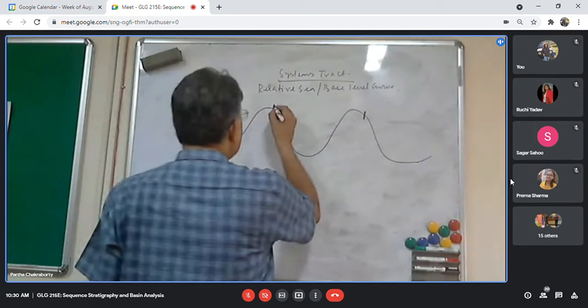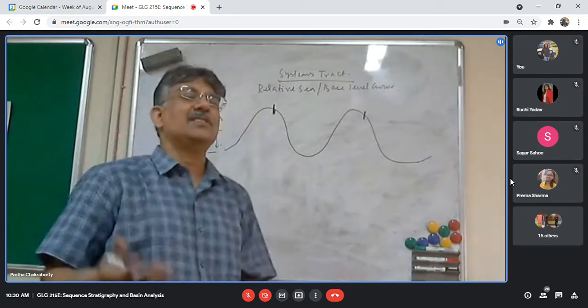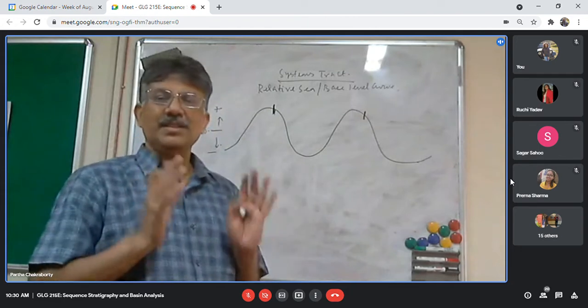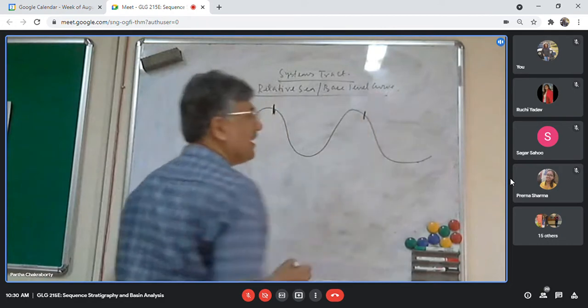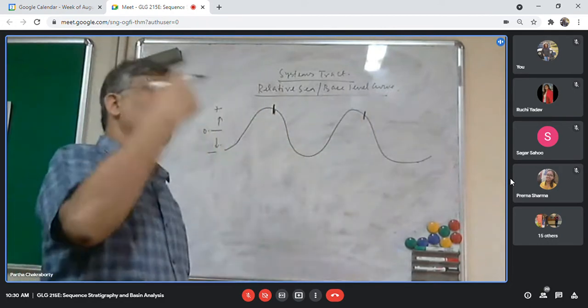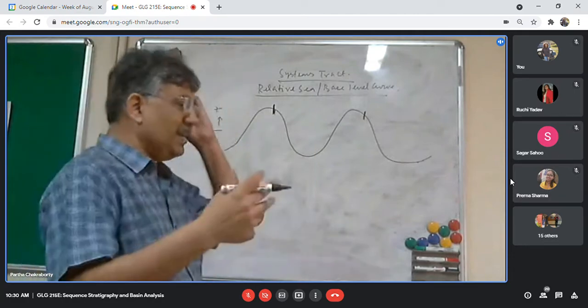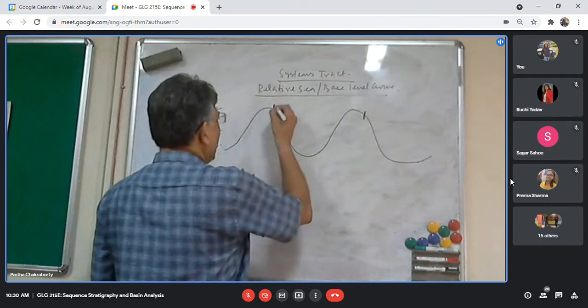Now, in this cycle, I want to discuss what the different parts of the cycle are. This is the total relative sea level or relative base level curve, and it's one cycle. There can be similar cycles repeated.